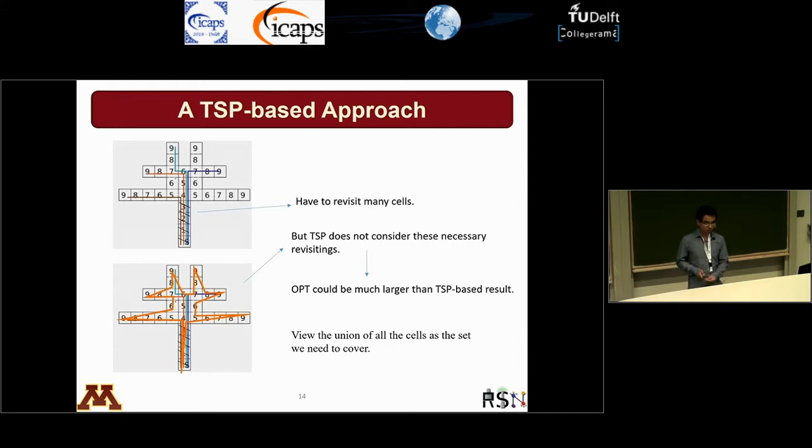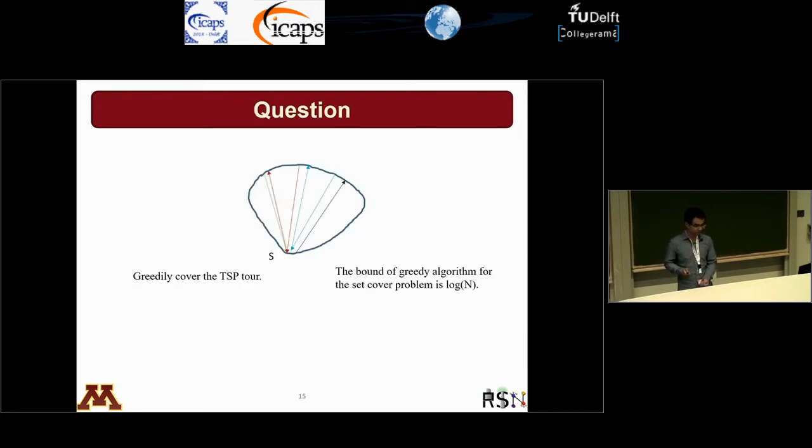If we view the union of all cells as a set we want to cover, we may be able to find some inspiration from the set cover problem. We know that the bound of the greedy algorithm for the set cover problem is log n, but the rate just now is not log n.